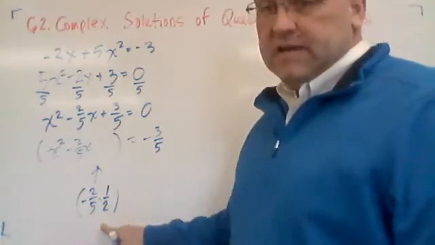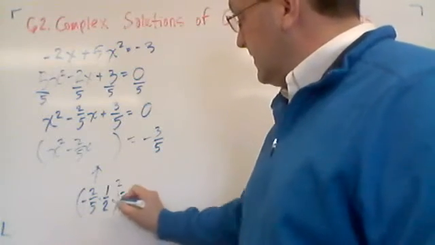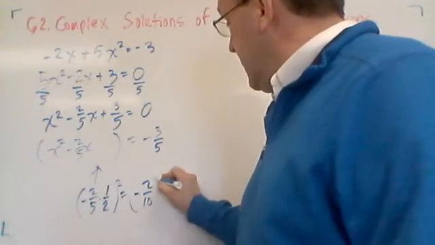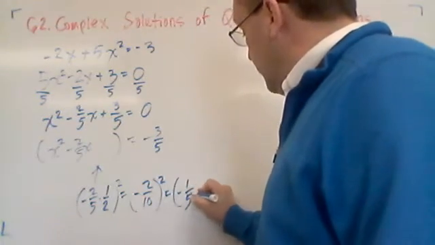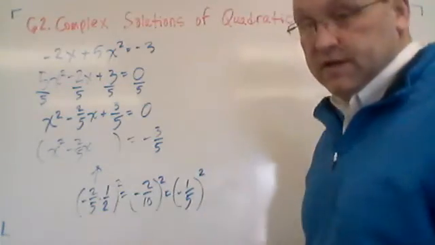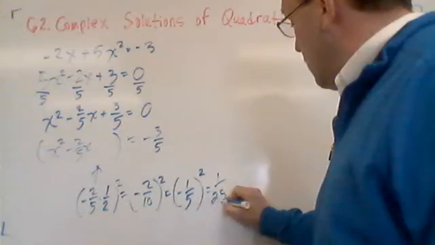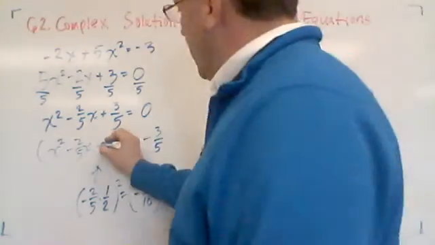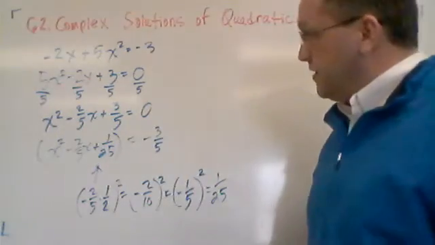And then after we take half of that value, we square it. That gives us a minus 2/10 squared, or a minus 1/5 squared when we reduce it. If we multiply it out, it results in positive 1/25. That is the number we plop in as our third term in our new trinomial.